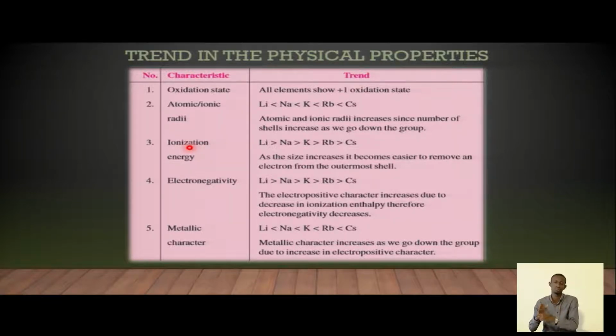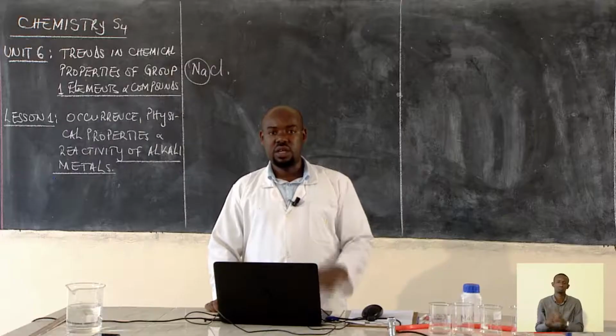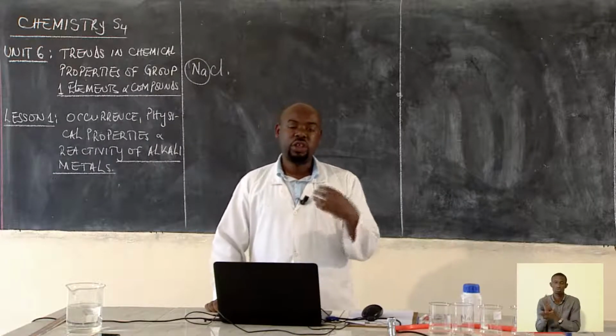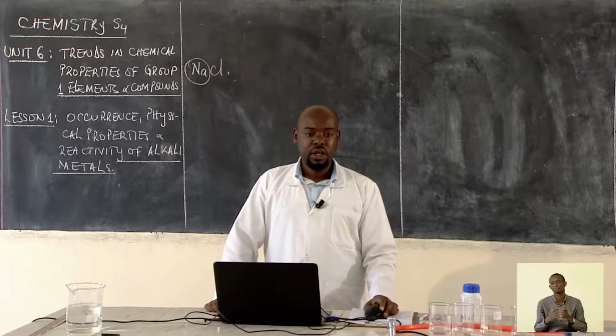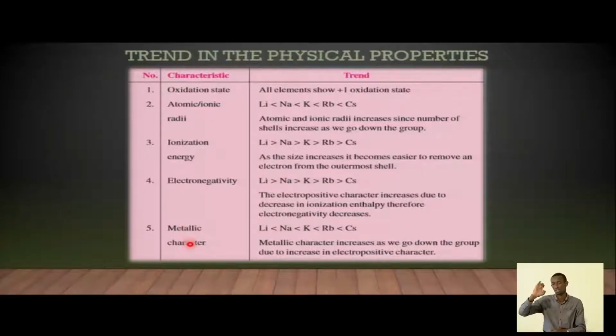Ionization energy decreases because as the size increases, the electrons experience a weaker attraction. It is the same for electronegativity. The tendency of these elements to attract the bonding pairs decreases as we move down the group because the size is increasing. So the nuclear attraction is becoming weaker. The ease of losing electrons will increase, of course.